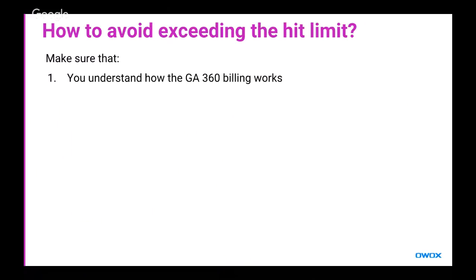All this information should be clearly stated in your contract with your reseller, and at any point and any date you can take a look at your dashboard, find out the number of hits you currently have or the predicted number of hits by the end of the month, and understand how much it will cost you to cover the number of processed hits for this month.